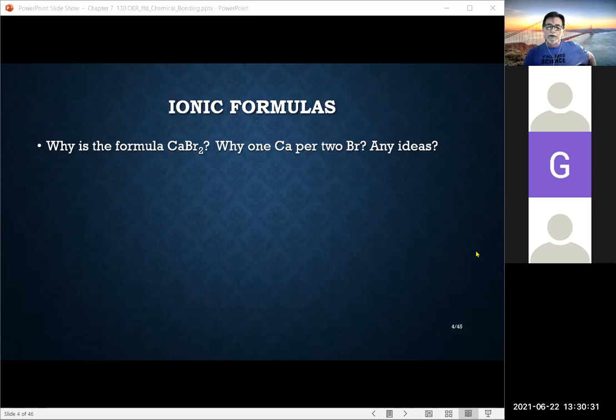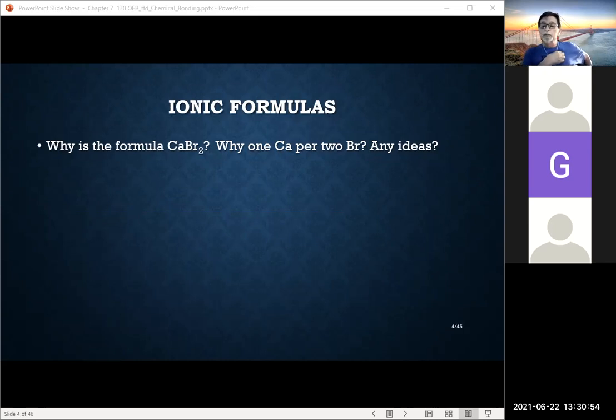Skylar, you said calcium gains 2 and bromine loses 1. Not quite. Calcium is a metal or a non-metal? Okay. Find calcium in the periodic table. It should be in group 2.